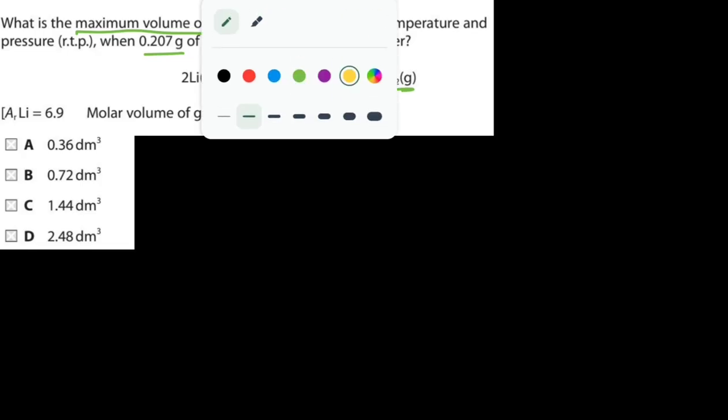All right, so we're asked here for the maximum volume of hydrogen formed. And we're given the mass of lithium. So we start with the given value, which is the mass of lithium, because we're also given here the molar mass of lithium. So we need to calculate the number of moles of lithium first.